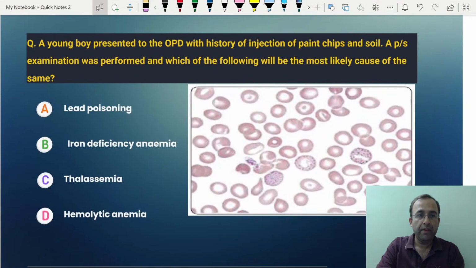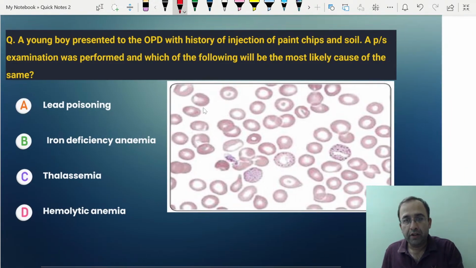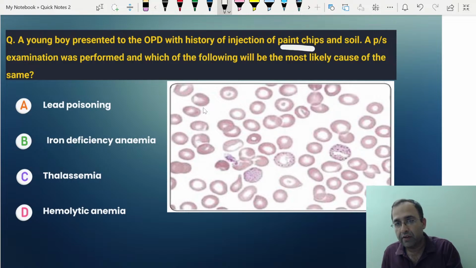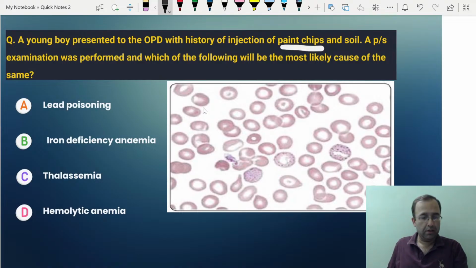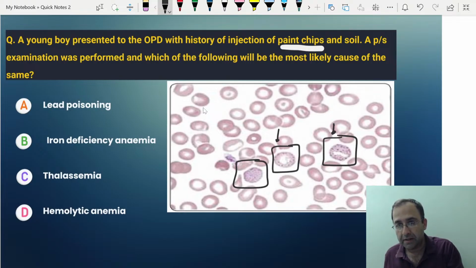Next one. A young child presented to OPD with a history of ingestion of paint chips and soil. Peripheral smear examination is performed. Look at this peripheral smear. Girls, you will be able to identify the abnormality much better in this. Identify the abnormal RBCs. These are RBCs with basophilic stippling, blue dots present on the RBC.